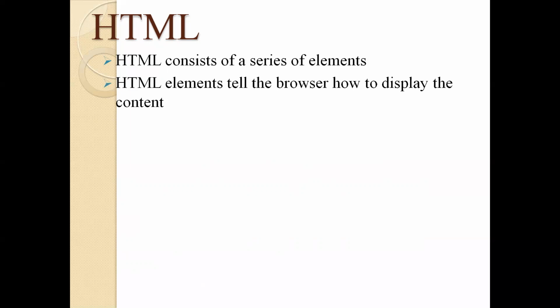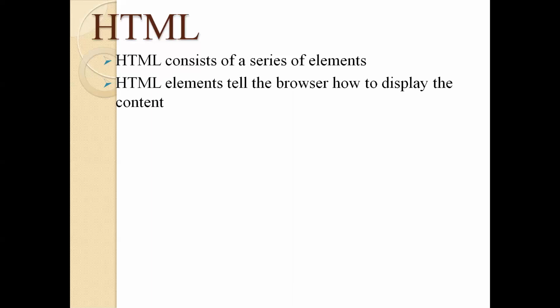So what do these elements tell? These HTML elements tell the browser how to display the content. If we have some content, and if we want to display that particular content on a web page, this hypertext markup language will tell how to display it on the web.